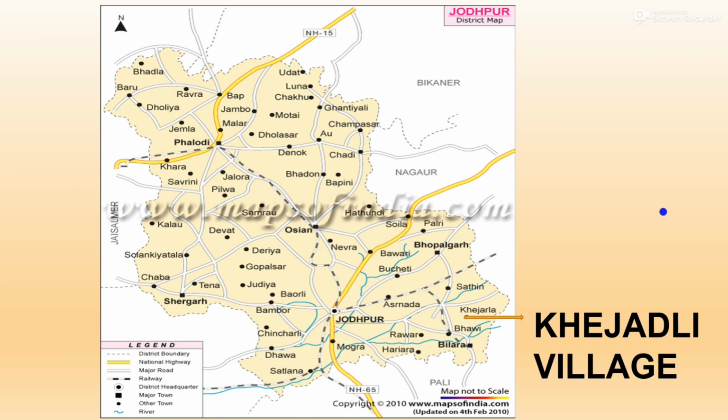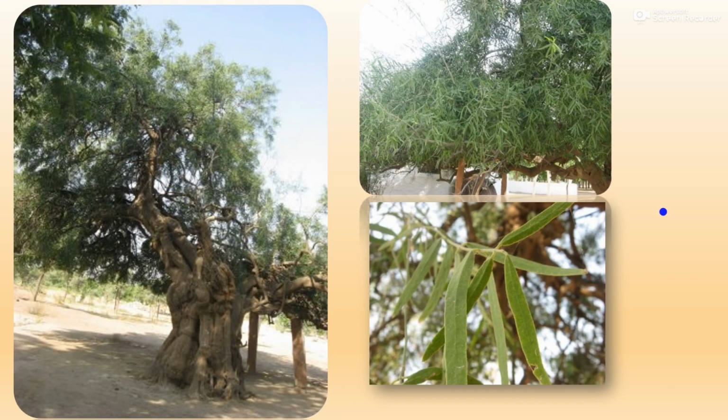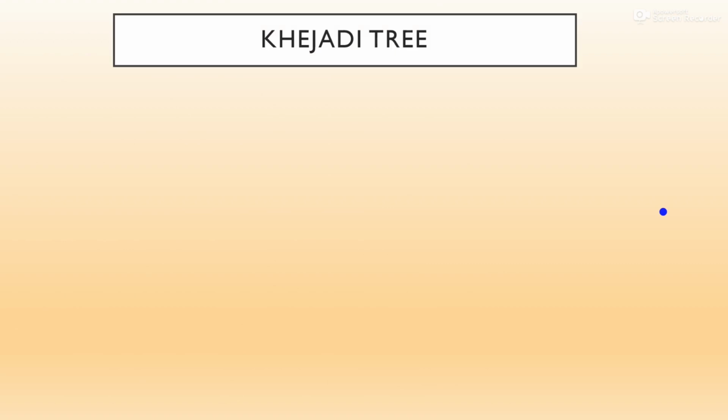Now we are going to discuss this village. The story is related to this village. And this is the Khejri tree, which is found in desert areas like Rajasthan. First of all, we will know about the Khejri tree.